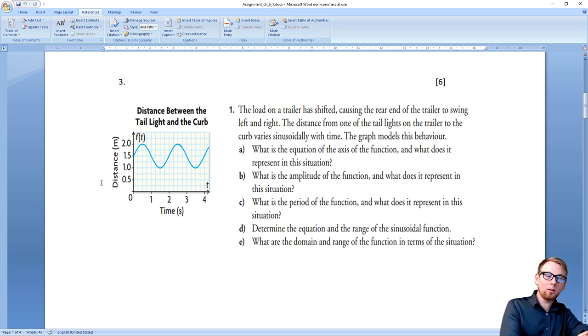Okay. The range is the y values where the function exists. Well, the function only exists in this little area of the y values. Okay? So what is the range for this function?